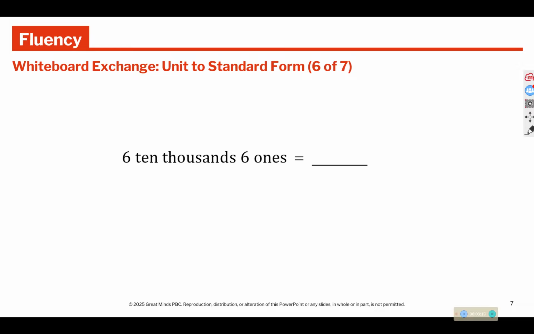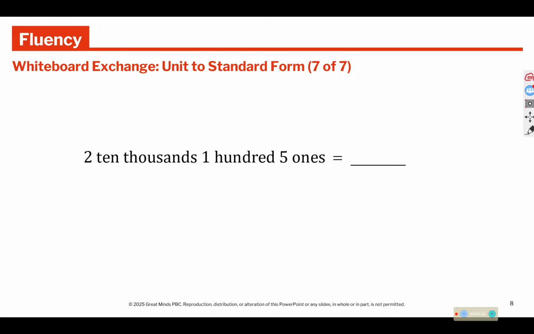Read this one to yourself. Take some time and try and write your response. Two 10,000s, 100, 5 ones.